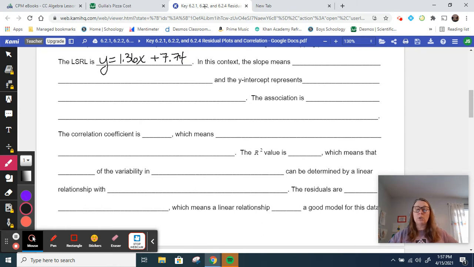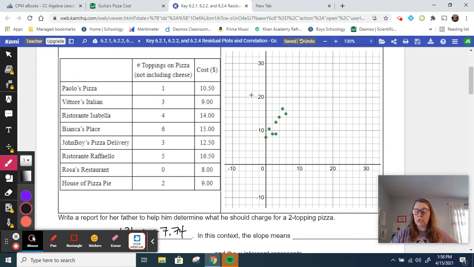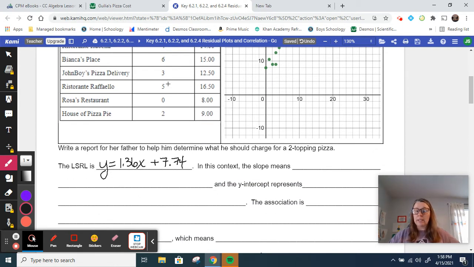So now, what does the slope mean? In this context, my slope is 1.36. And if I look up here, slope is change in y over change in x. So it's the change in cost over the change in the number of toppings. So if my slope is 1.36 and I think of it over 1, this is the change in the cost over the change in the number of toppings. So I just want to write that as a sentence.